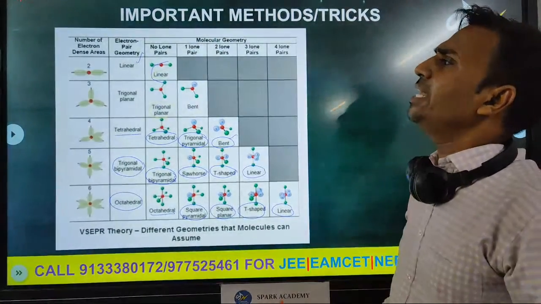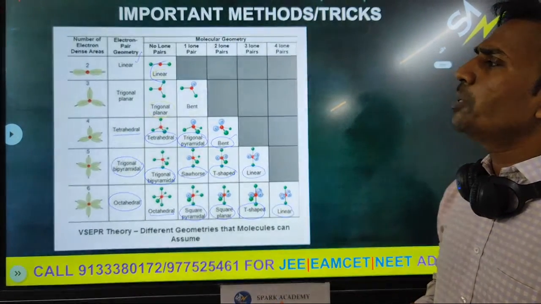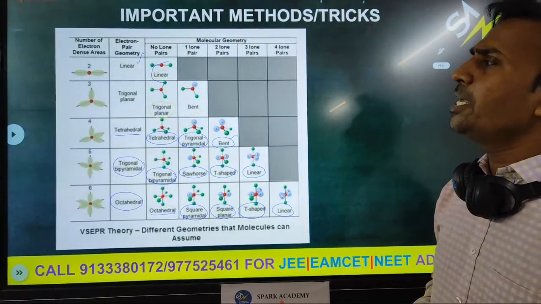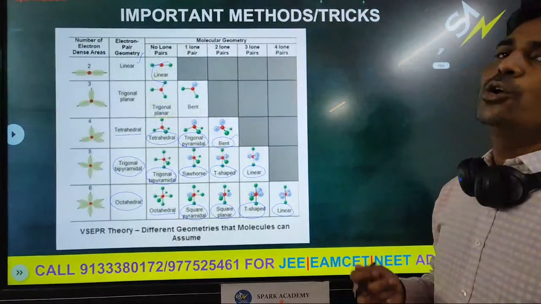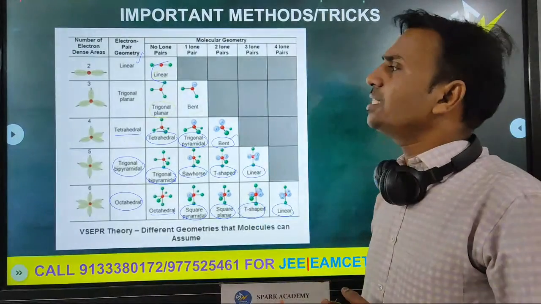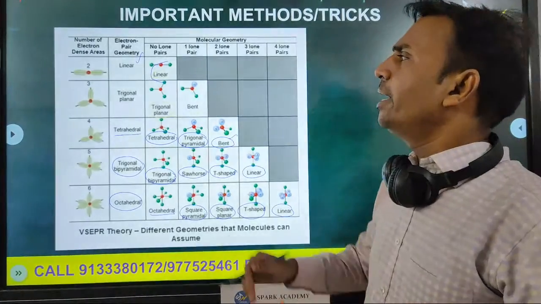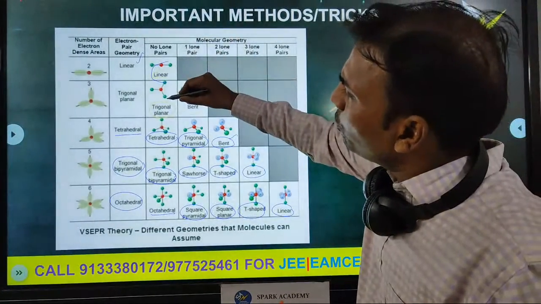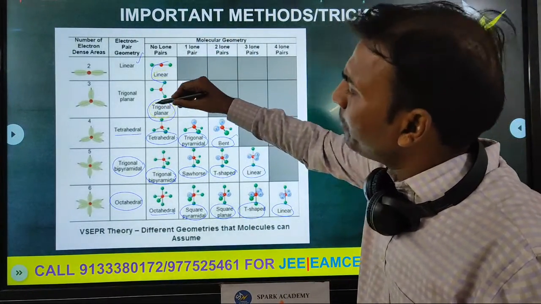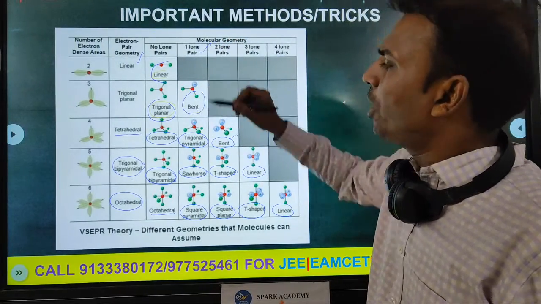In the case of linear, there are no lone pairs, so the shape is linear with no distortion of the geometry. In the second case, trigonal planar is the original geometry; with no lone pairs it is trigonal planar only, but with at least one lone pair it becomes bent shape.